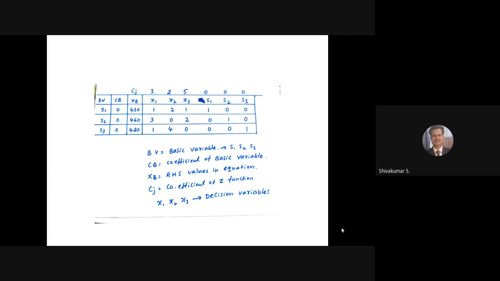In the second equation I got s2, so write 1. There is no s3, so 0. Third equation: x1 plus 4x2, so write 1 as the first coefficient, second 4, and there is no x3, so 0, no s1, so 0, no s2, 0, and s3 is there, the coefficient is 1.